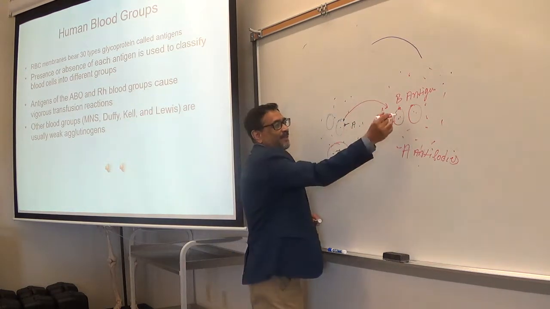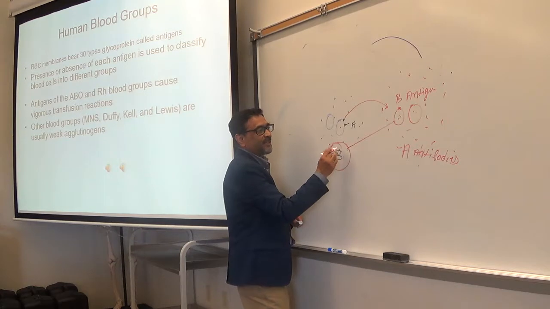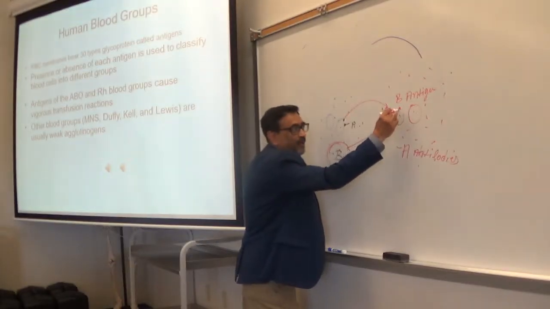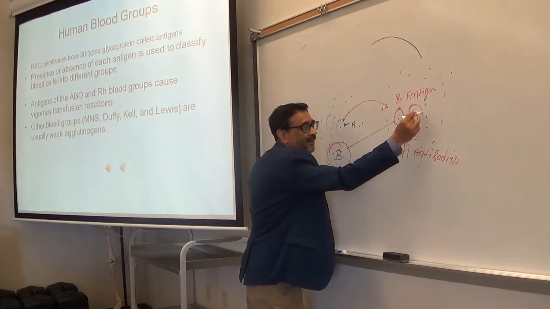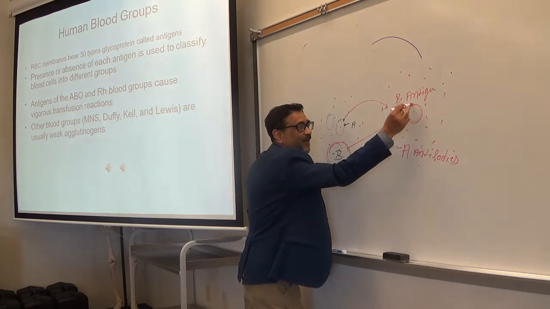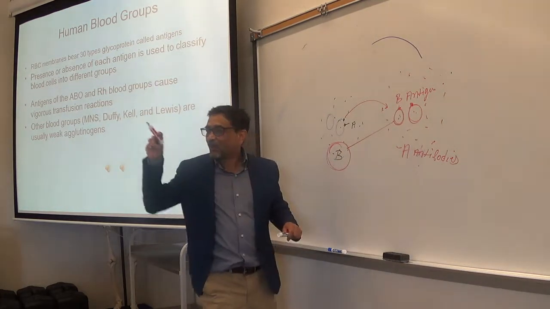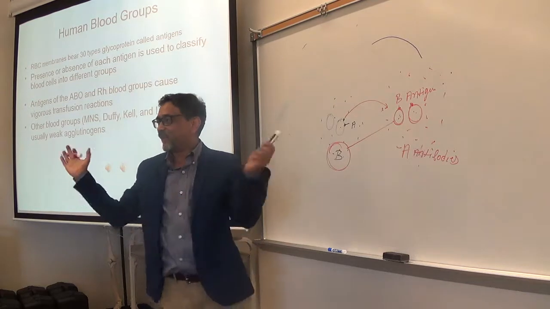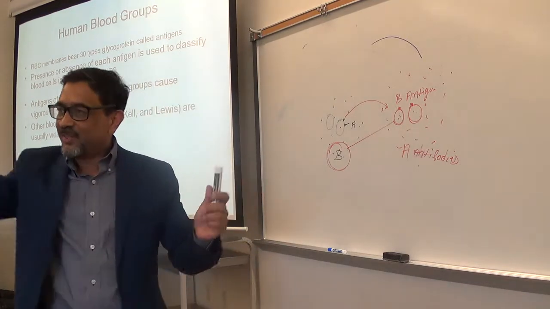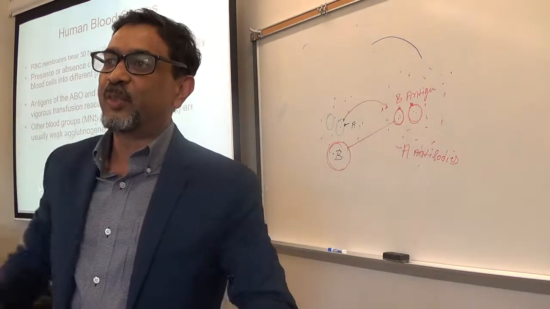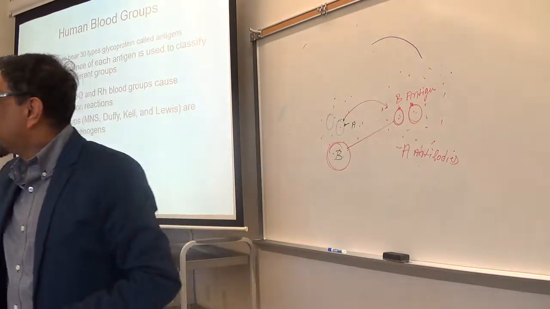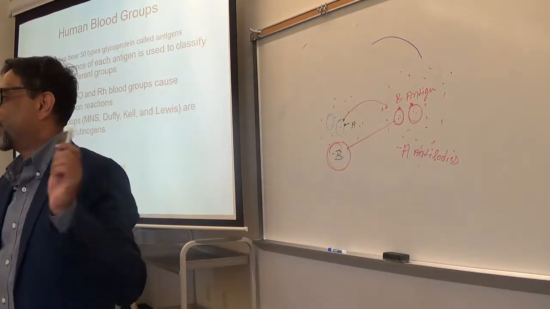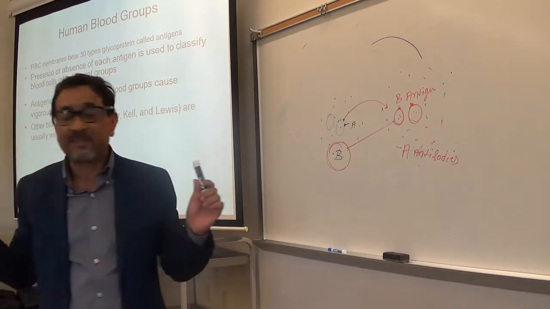In this case, the donor's antibodies will not be able to destroy the recipient's red blood cells. Only when the donor's red blood cells enter, they will be destroyed. The blood that is going into the recipient's body, those red blood cells will be destroyed. The donor's red blood cells, not the recipient's red blood cells.